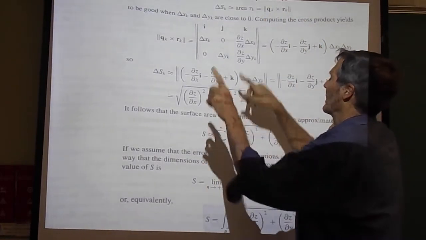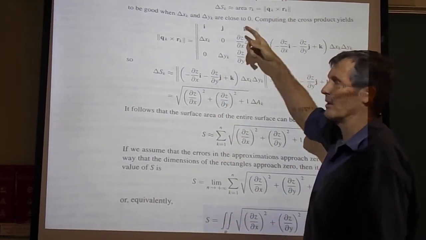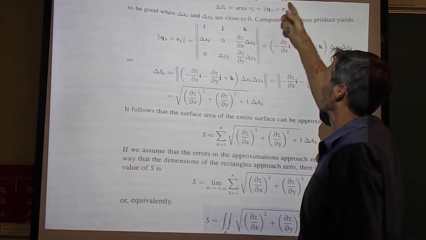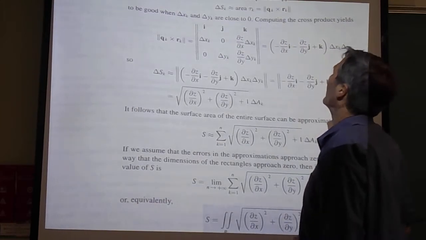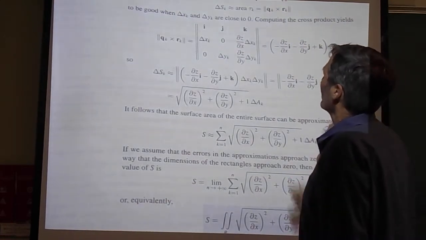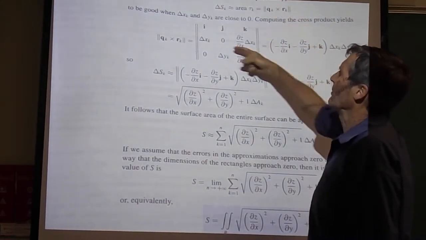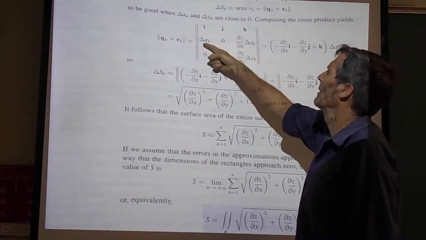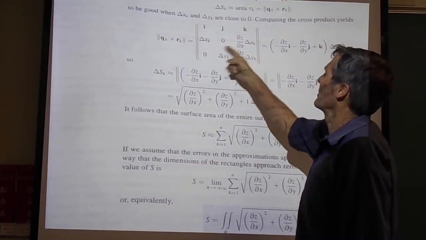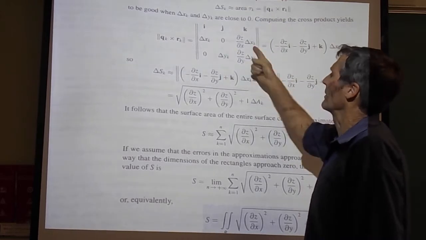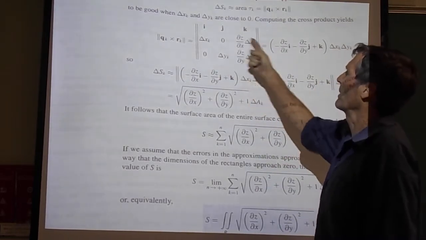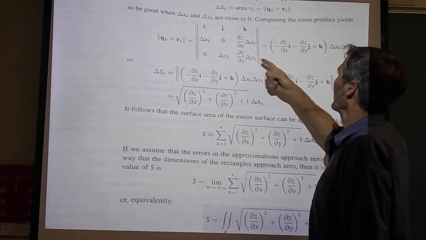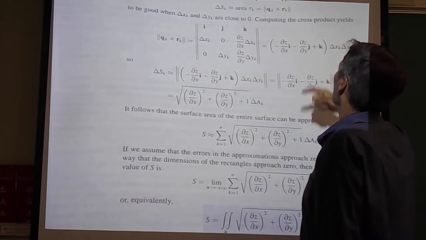Remember, the area of a parallelogram is the length of the cross product. That's what this is saying. And so you add up these kinds of things. Well, these are the tangents, qk and rk, to the surface. They turn out to have these vectors. And when you take their cross product, you get this vector.